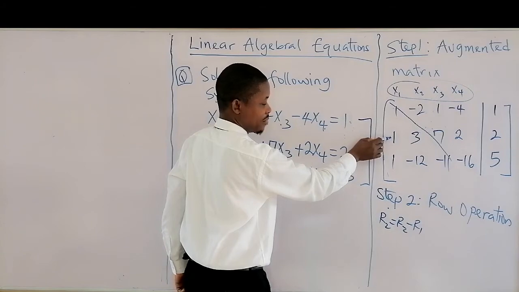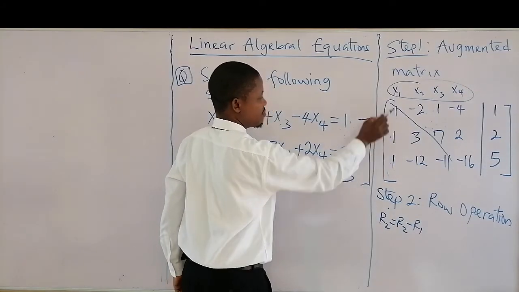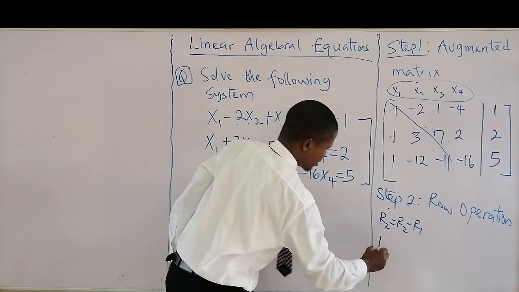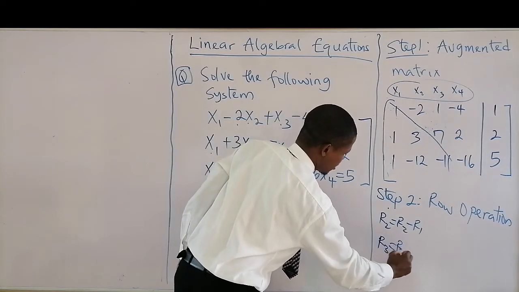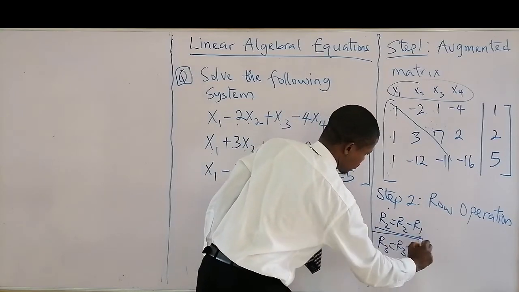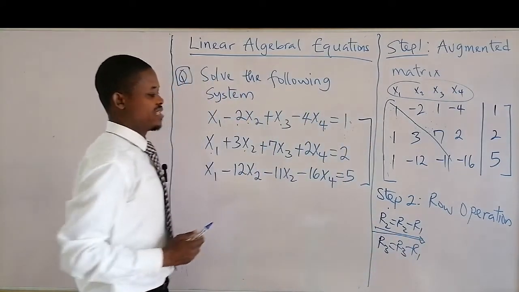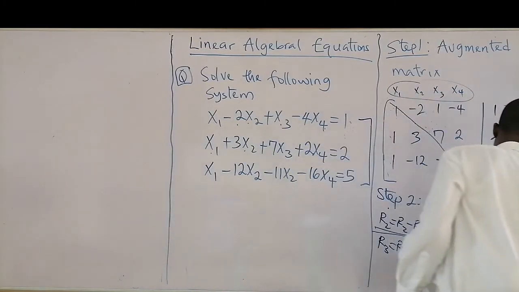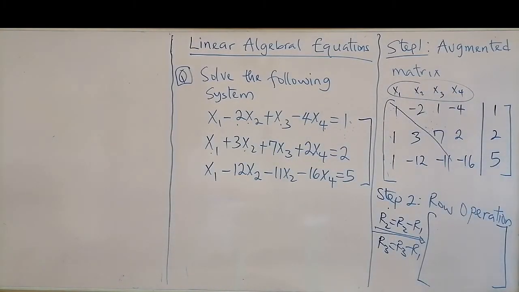And also row 3 minus row 1, we get 0 here also. So row 3 is equal to row 3 minus row 1. In this case, row 1 is my reference point, and it is not changing.